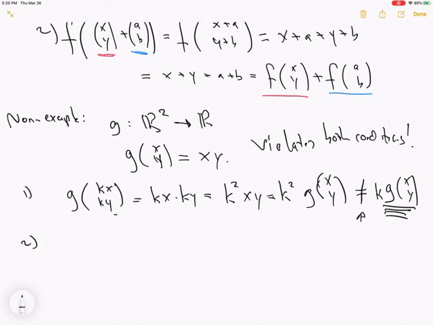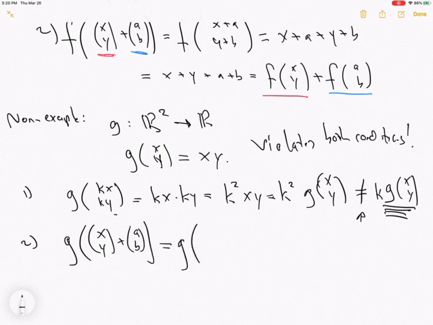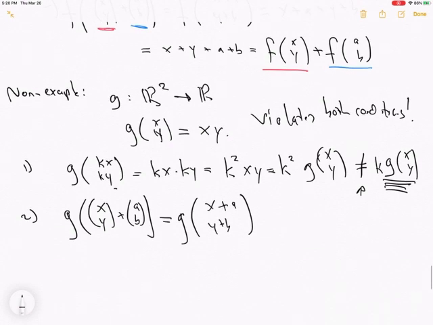But just to illustrate, it also violates condition 2, because if you wanted to add these things, that's the same as doing g of (x plus a, y plus b), and by definition, that would be x plus a times y plus b. Because we have the distributive property, we end up getting xy, and we end up getting ab, but we also have xb and ay.